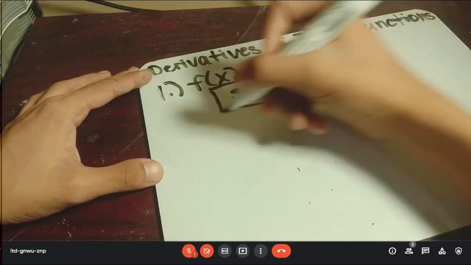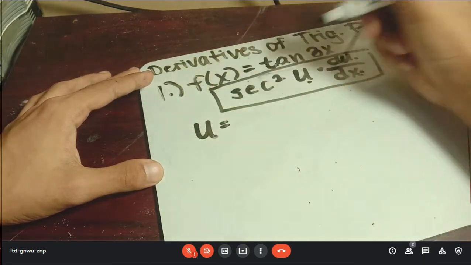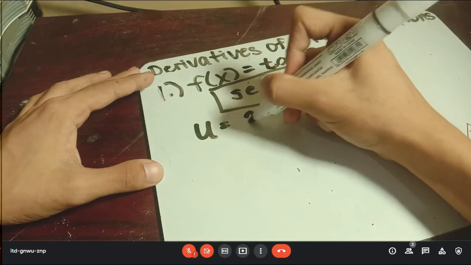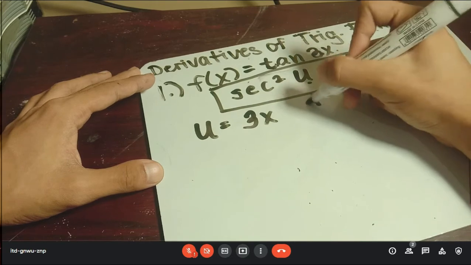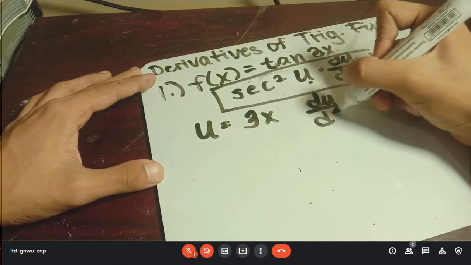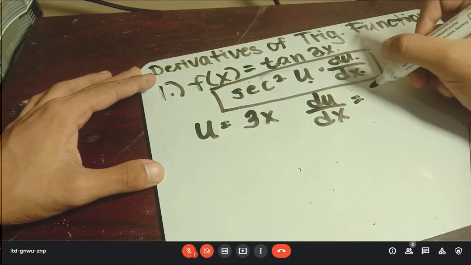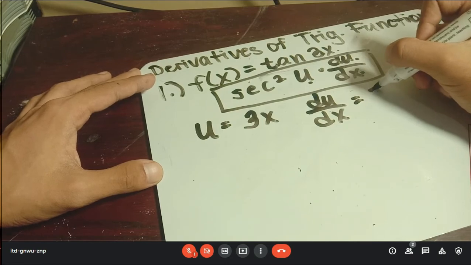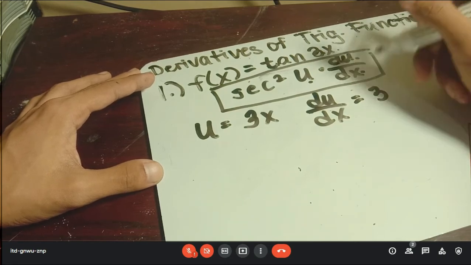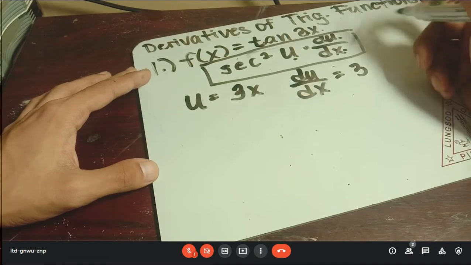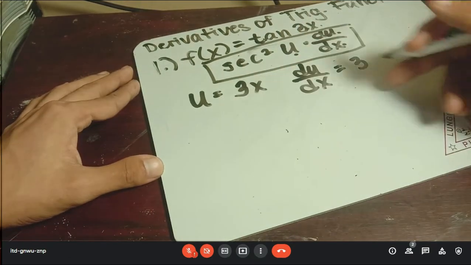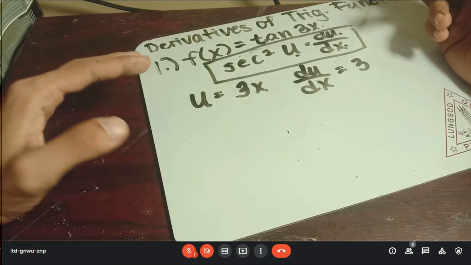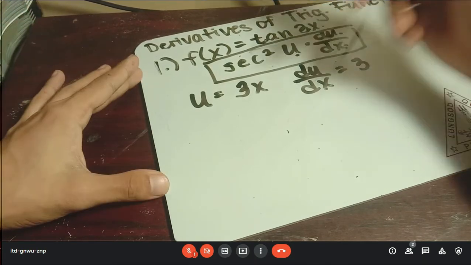So, how do we do that? So, ating u ay ito, 3x. Now, ano yung du over dx natin? It will be 3. Yan. So, yan lang yun, yung du over dx natin. So, ngayon alam na natin yan, maaari na nating i-derive siya.